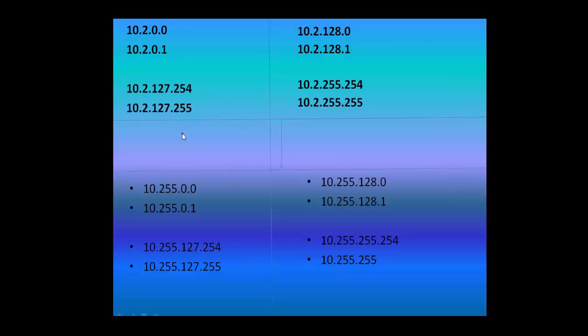What I want to say: subnetting is also known as FLSM, which means fixed length subnet mask. It means the length is fixed for the entire subnet.